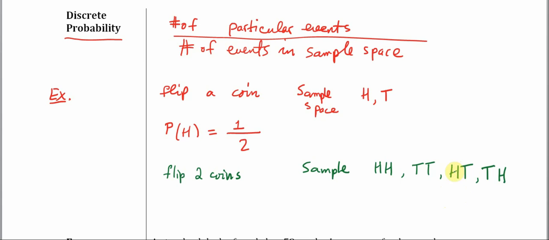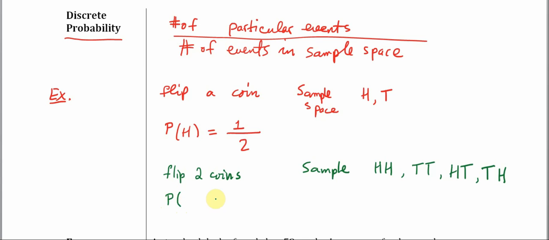I want to make a distinction between these two because they are actually two different events. Sometimes when we talk about them, we might say that they're the same thing, but they're actually two different events.